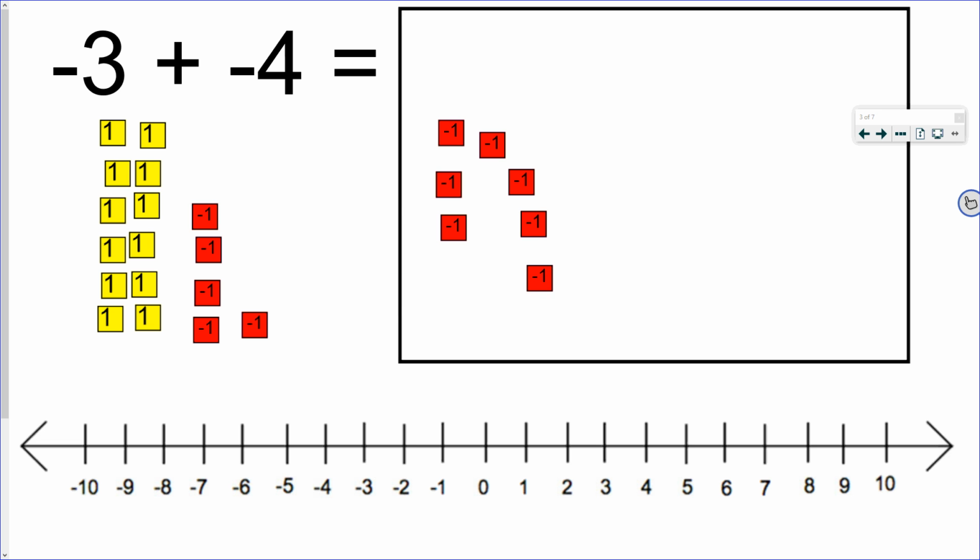Now, we don't have a difference. They're all the same. So all we have are negative integers. So our answer has to be negative. How many negatives do we have? Well, 1, 2, 3, 4, 5, 6, 7. So negative 7 is our solution.